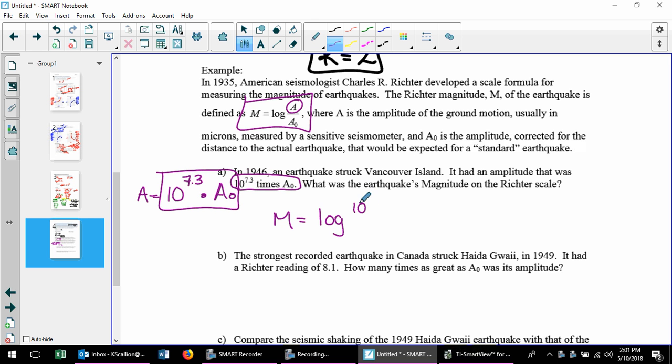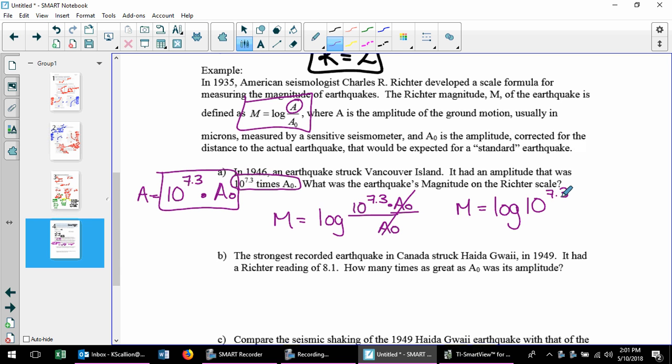So this is going to be 10 to the exponent 7.3 times A initial over A initial. That second A initial comes from the equation. So what happens to those A initials? So this is going to be the magnitude of the log of 10 to the exponent 7.3.